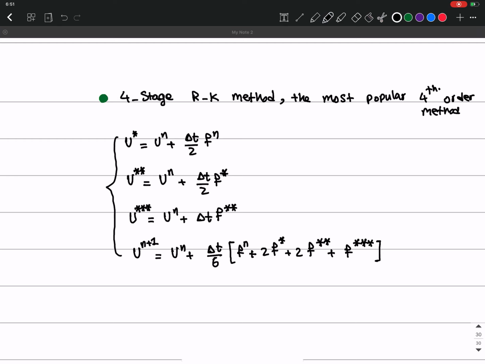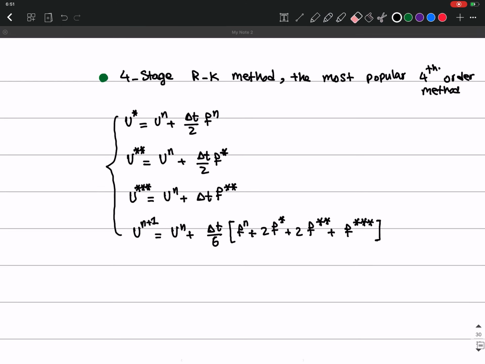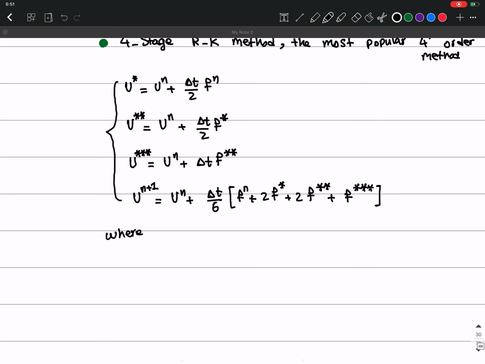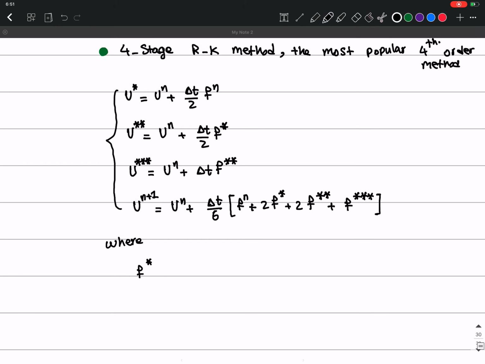And where F star is defined as F of U star, T N plus delta T over 2.